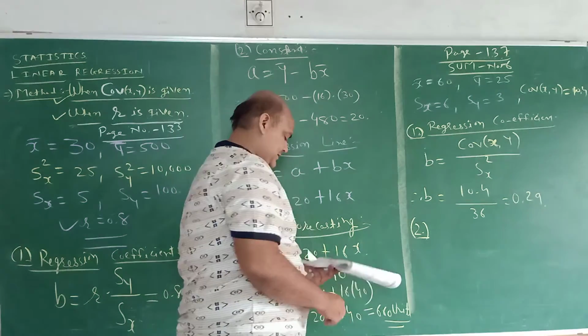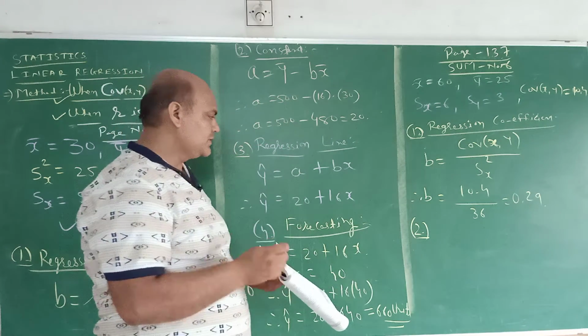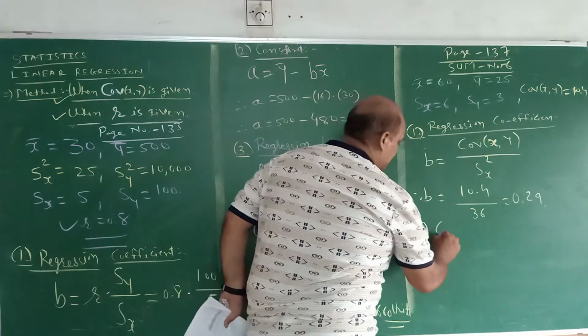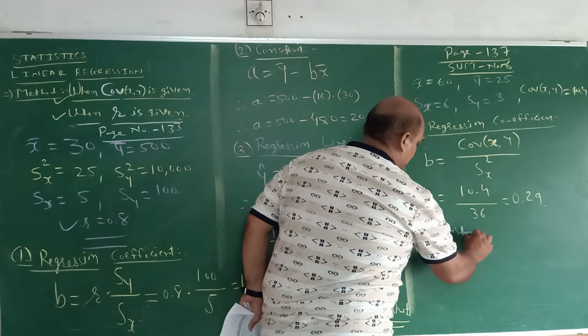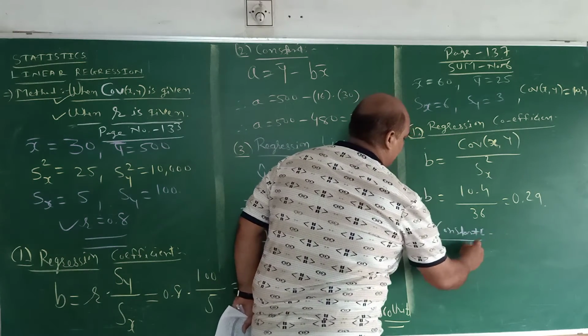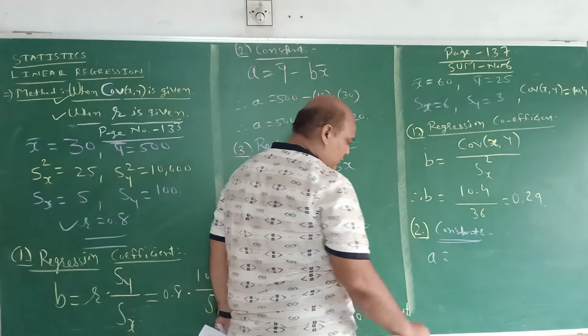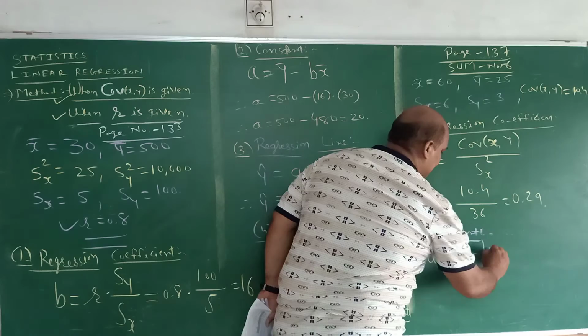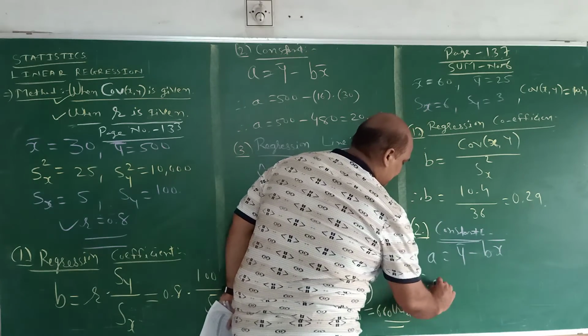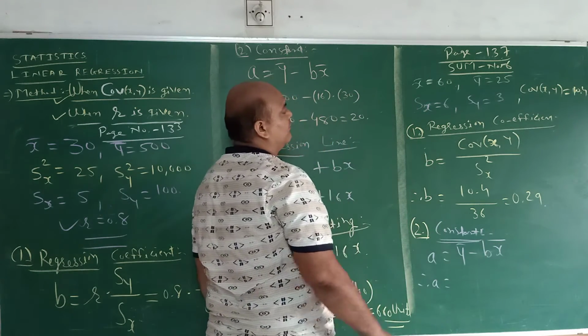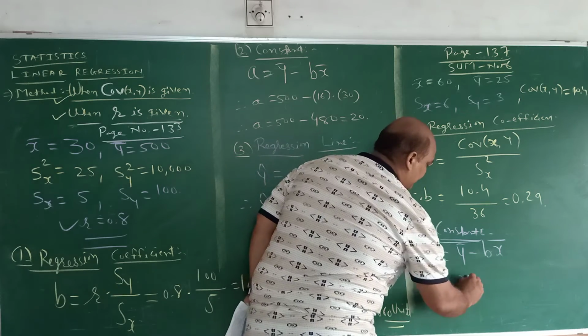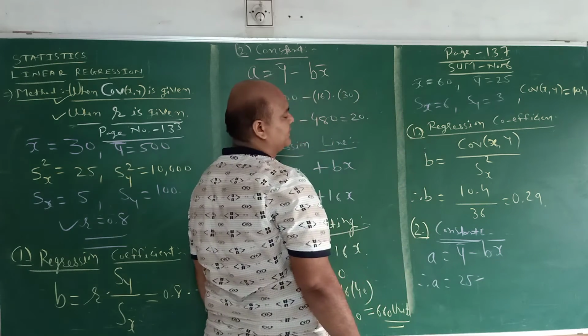Second step, my dear friends, is the constant. Constant A is equal to y bar minus b x bar. Y bar is 25, clearly given in the question.